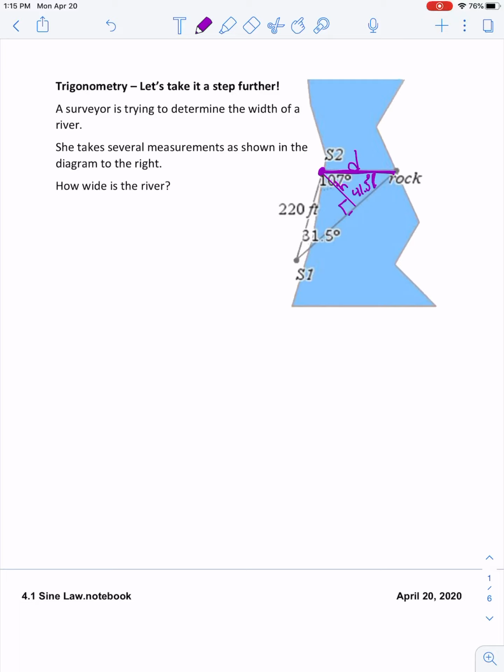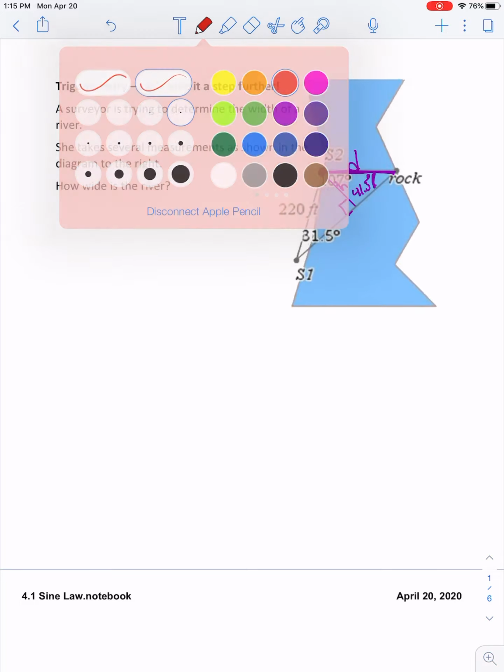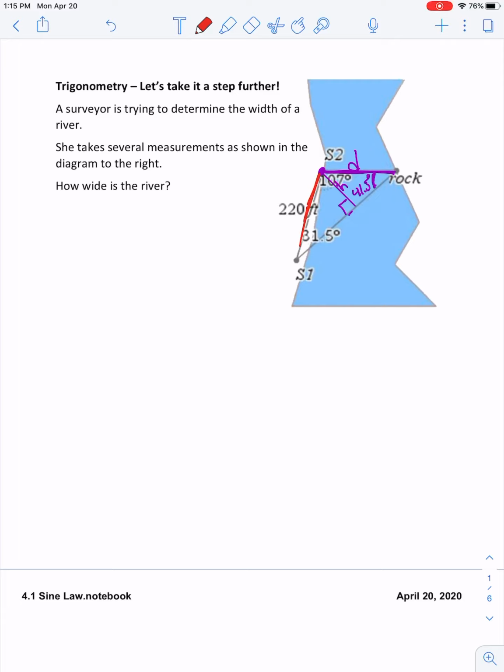Okay, so I'm going to go through the solution. If we take a look here, there is a right-angled triangle, and I'm trying to find H, which would be the opposite to my reference angle of 31.5 degrees, so this is the opposite, and this is the hypotenuse. If we go to SOHCAHTOA, that means we're going to use sine.